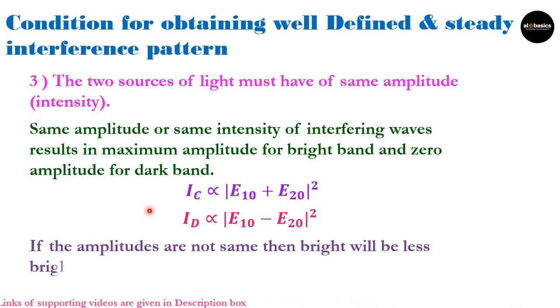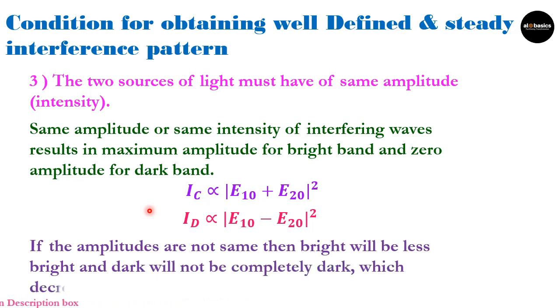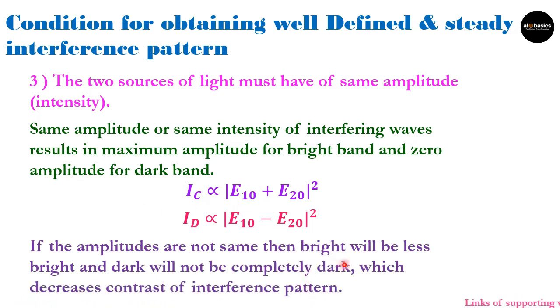If amplitudes are not same, what will happen? Then bright will be less bright and dark will not be completely dark, which will result in poor contrast, or that will decrease contrast of interference pattern. And for that purpose, this is very important condition.